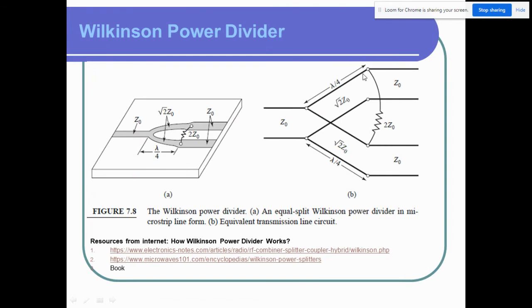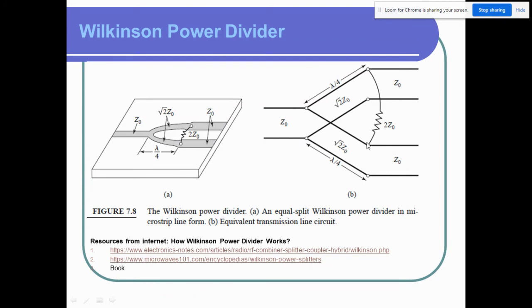And the lambda by 4 line, this is the lambda by 4 length, meaning a quarter of the wavelength line. And this is Z0 also, and this is Z0, meaning it needs to be terminated with the impedance of the line also.